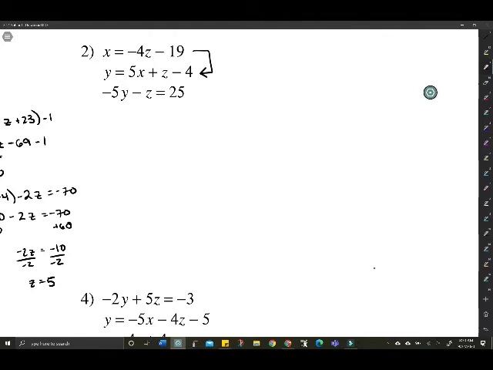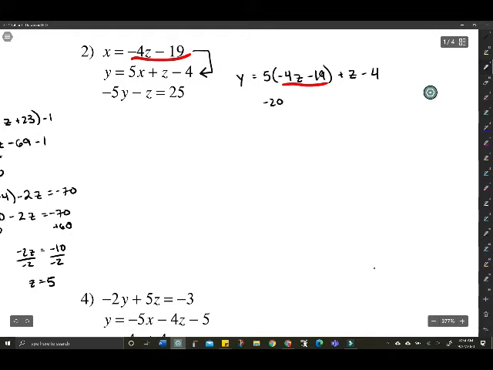What that gives us then is y is equal to 5 times negative 4z minus 19. Okay, it could be very helpful to highlight things, that way you don't forget about anything, plus z minus 4.